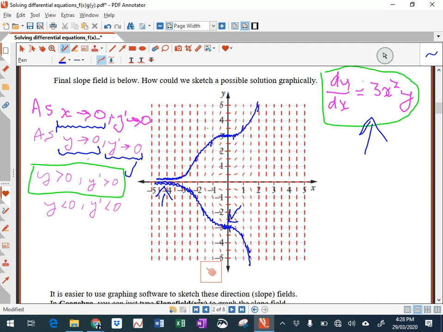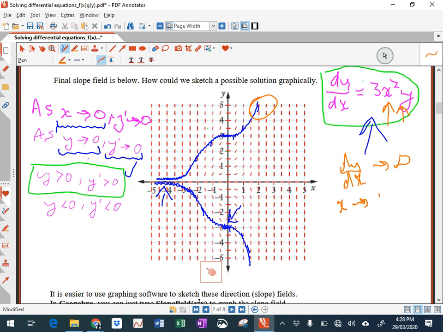You could do some other ones, for example. You could look at what happens as x and y approach infinity. If those approach infinity, what's happening to the slope? The dy/dx will also be approaching infinity. You can see up here how steep it's getting. What happens as x approaches infinity?